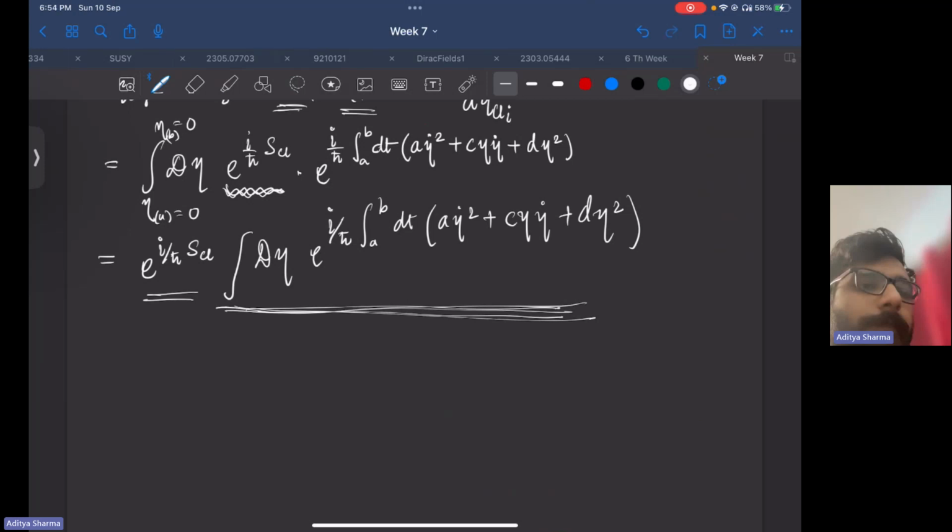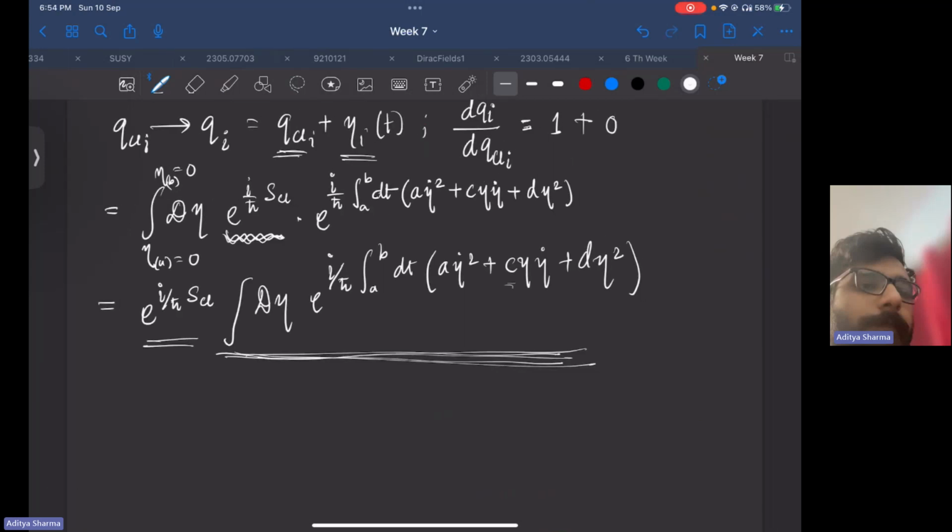For example, if C is zero and A and D are just one or half, whatever you want to take, then this is in itself the harmonic oscillator kernel, right? Now you find the harmonic oscillator kernel with the appropriate boundary conditions and you will get this part.